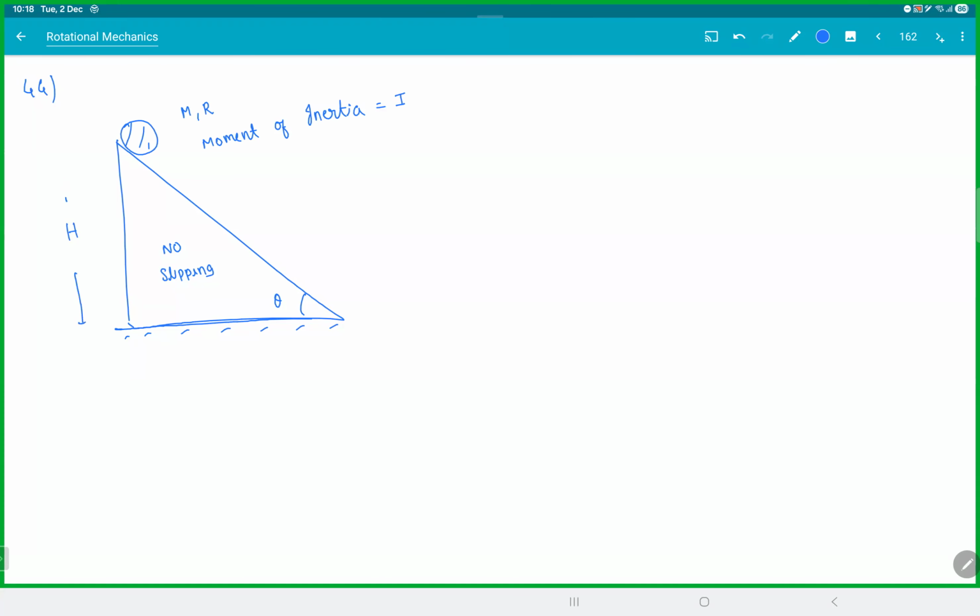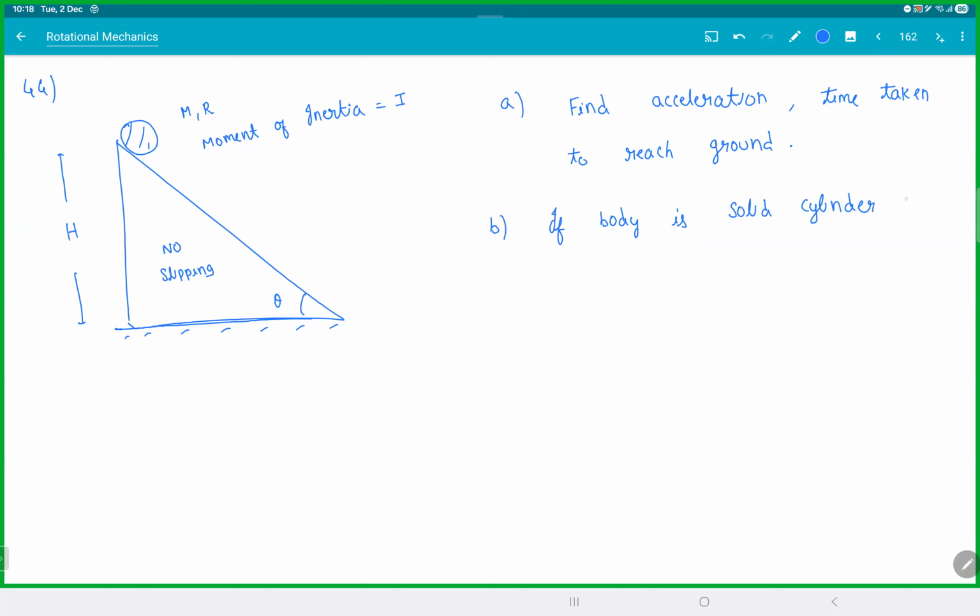Let the height be h. The first one: find the acceleration and time taken to reach the ground. Second thing, if the body is a solid cylinder, find the minimum friction for no slipping.